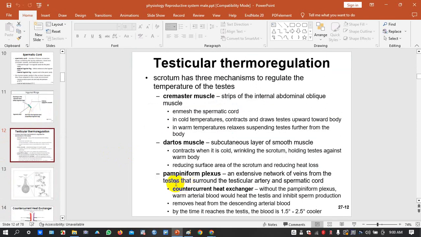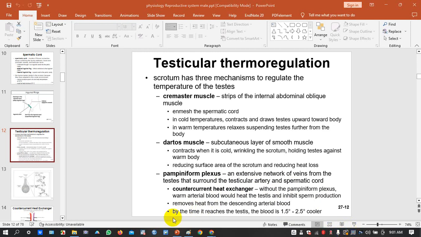Okay, so we have the pampiniform plexus. It's an extensive network of veins from the testis that surrounds the testicular artery and spermatic cord. So there is a counter-current heat exchanger.